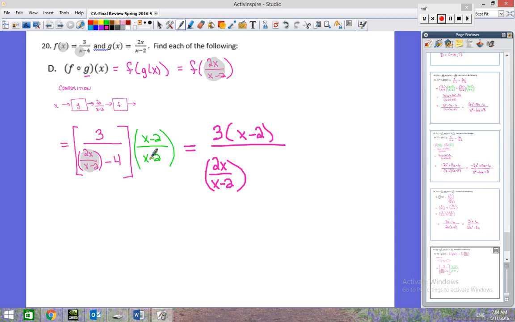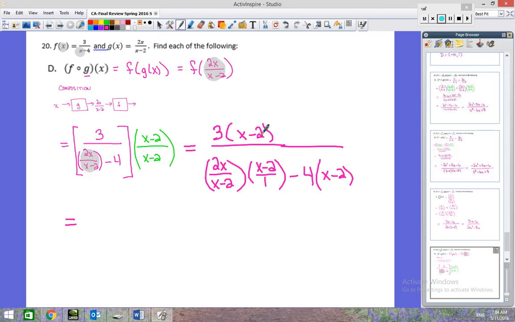Both of these terms get multiplied by this x minus 2. So this first term is going to get multiplied by x minus 2. To help me out, I'm going to write it over 1. That doesn't change the value of x minus 2. Then I have this subtraction, and this second number 4. It also gets multiplied by x minus 2. This time I don't need to put it over 1, because that's just the value 4 there.